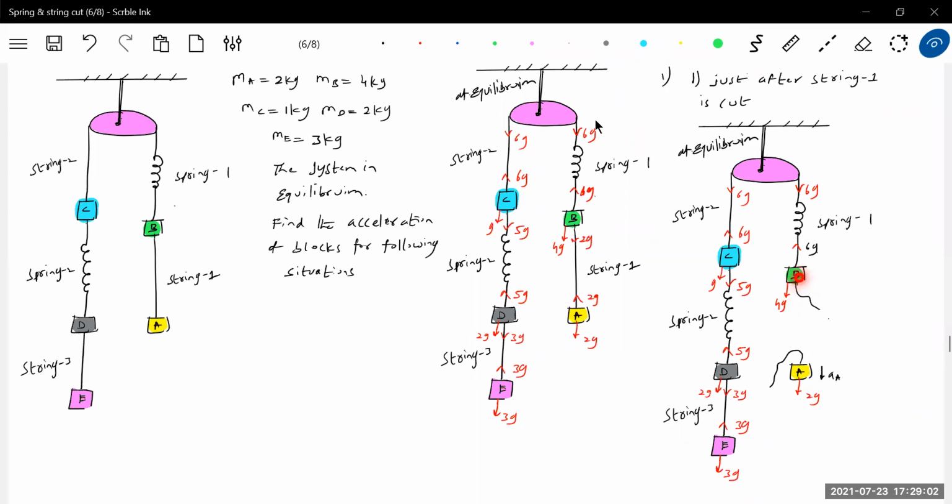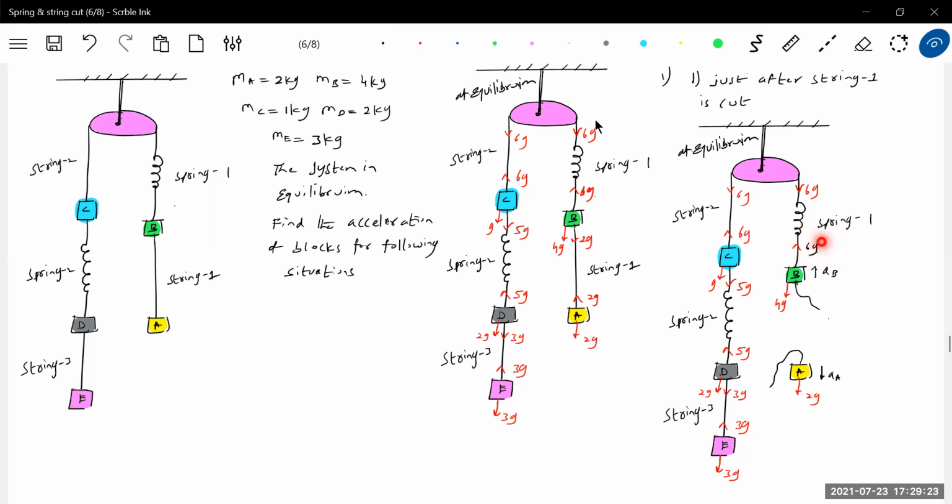Block B, will it move? Yes, earlier 6g was balancing 4g. It should move up. Will the spring force change? No, spring force will not change. As block B starts moving up after a certain time, then the spring force will change. But we are discussing the problem just after. So spring force will not change here.